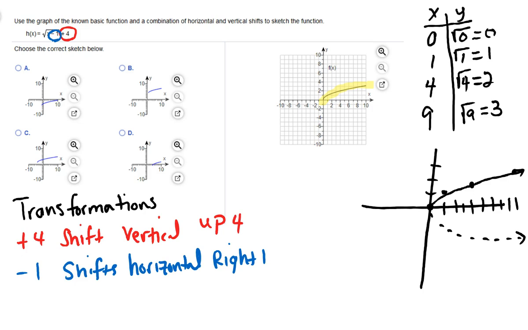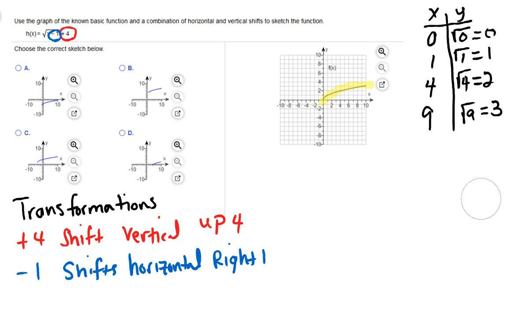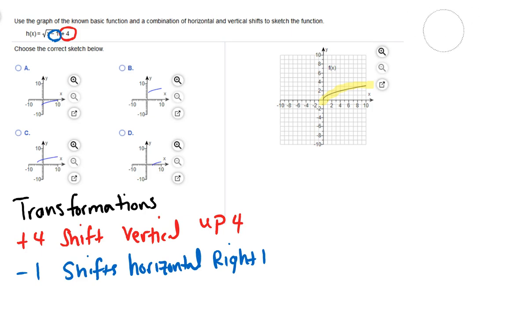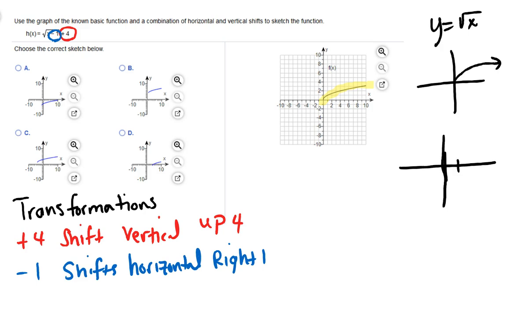So I'm going to erase my picture that I drew over here so that I can sketch all the transformations. So we know that y equals square root x has that half of a sideways parabola picture. And then I want to do the transformation of moving to the right 1. So moving to the right 1 would give us this picture.